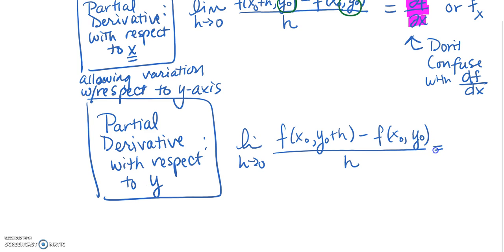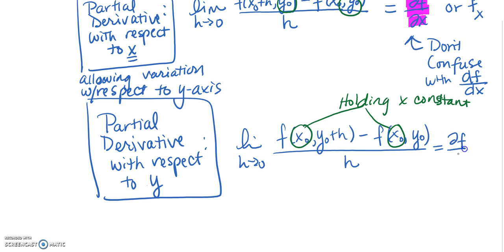Notice that in this particular case we are holding x constant, not allowing it to change. And so what we end up with here is another partial derivative.